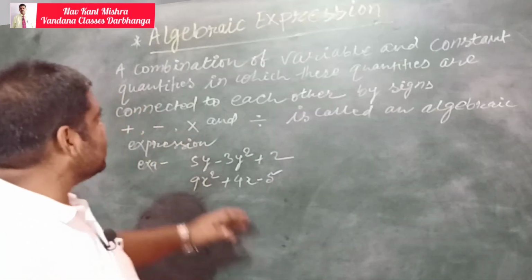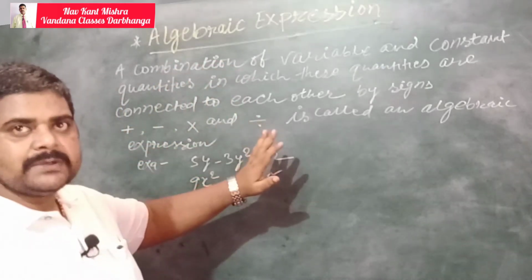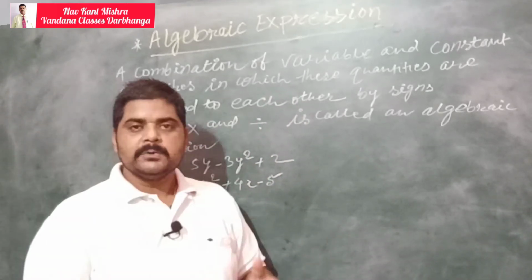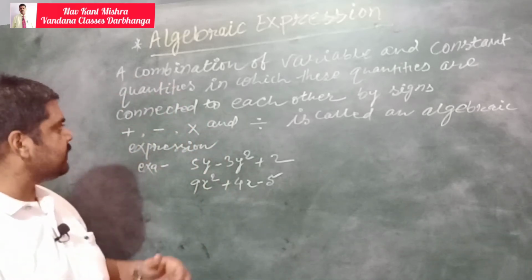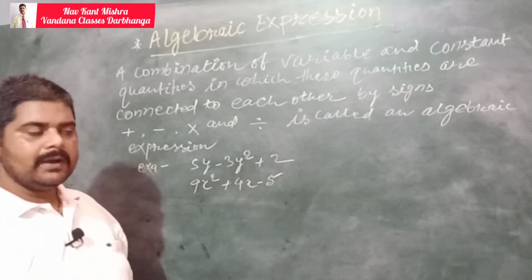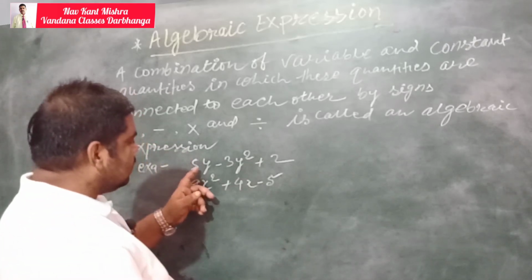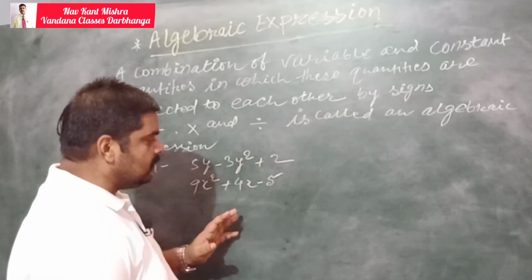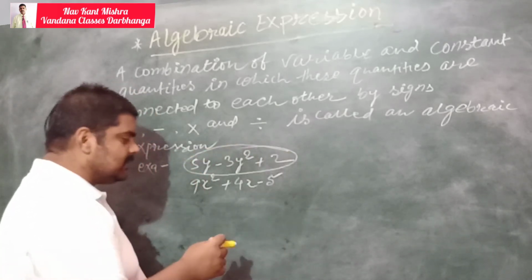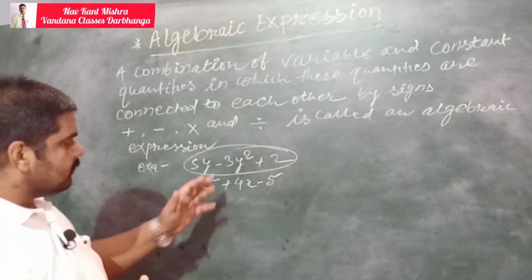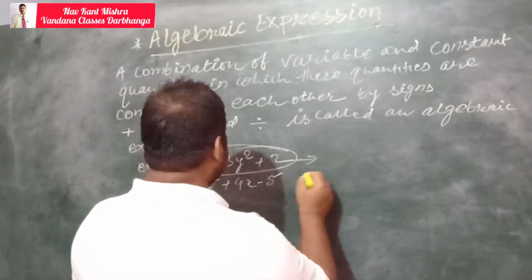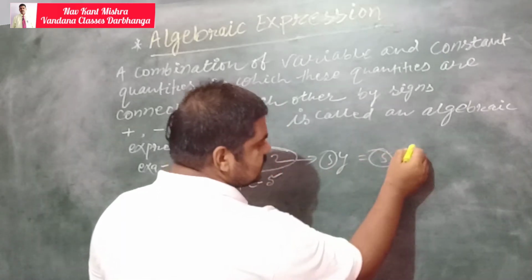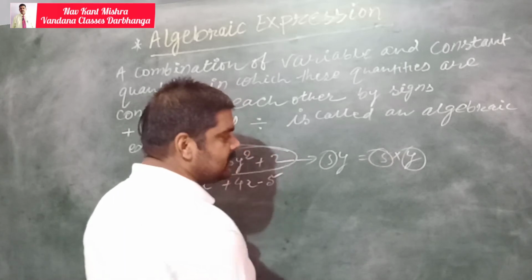My dear student, an algebraic expression is the combination of variables and constants connected by some or all of the fundamental operations: plus, minus, multiply and divide. Here are two expressions I have written. For example, 5y minus 3y squared plus 2 is a combination of variables and constants by basic operations. 5y can be written as 5 into y; 5 is constant, y is variable, and there is a multiply sign.